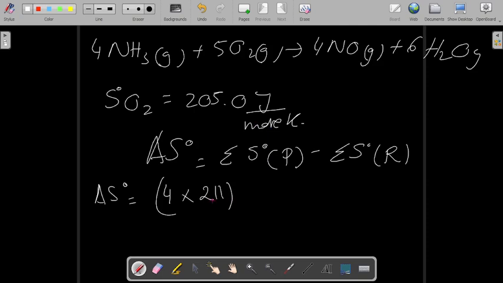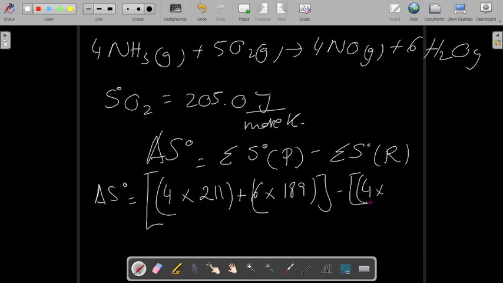I'm not going to put the units there because I don't have a lot of room, but you should. Plus, there are 6 of the waters, and I'm going to add it to my previous one, because it's a summation, 189 for each one according to the table, and I'm going to minus the reactant side. 4 for the ammonia.